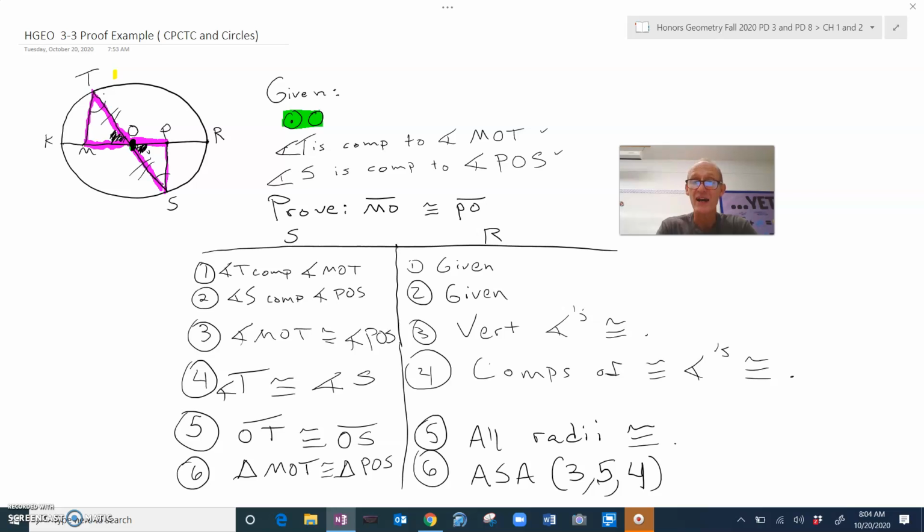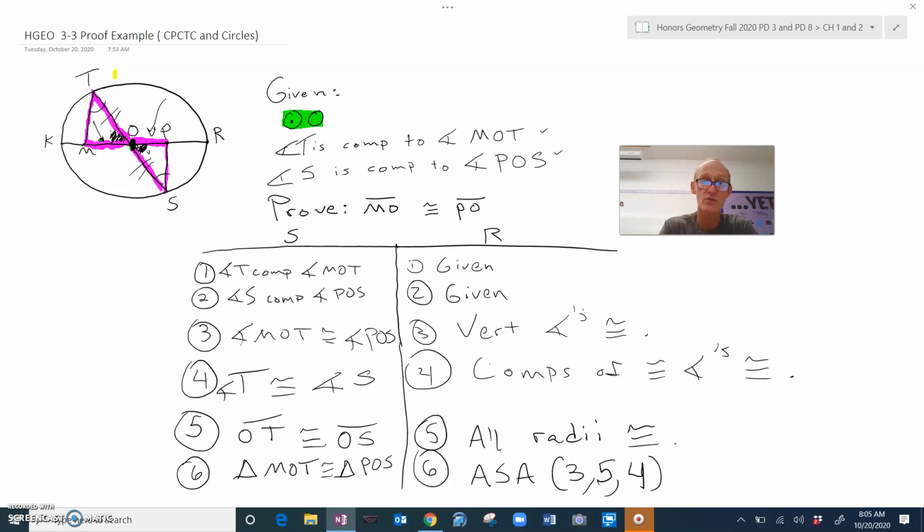Now, we did not have to prove the triangles congruent. We had to prove MO is congruent to PO. But what you should notice is that here's PO and here's MO, the segments there, and they are part of the two triangles that I got congruent, and that is what CPCTC does. Corresponding parts of congruent triangles are congruent.